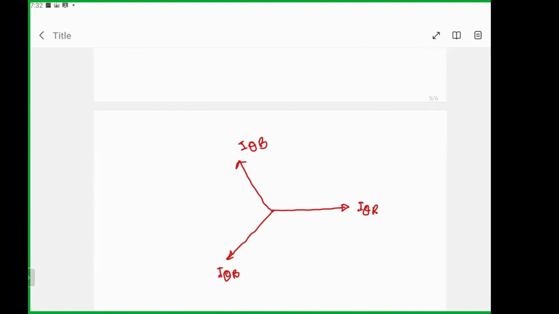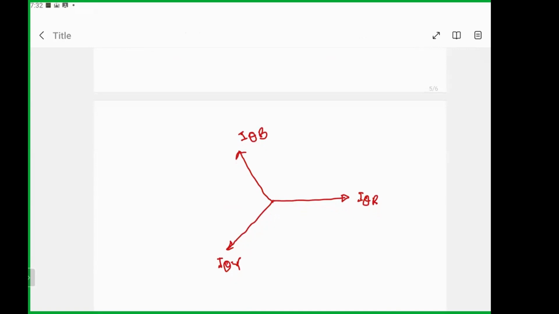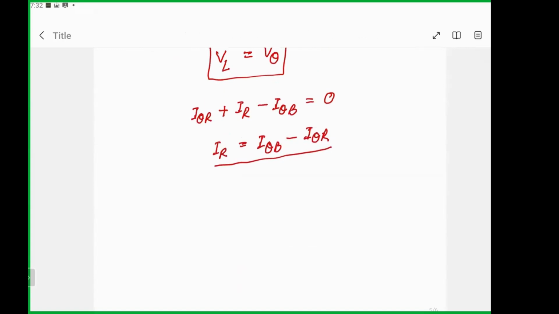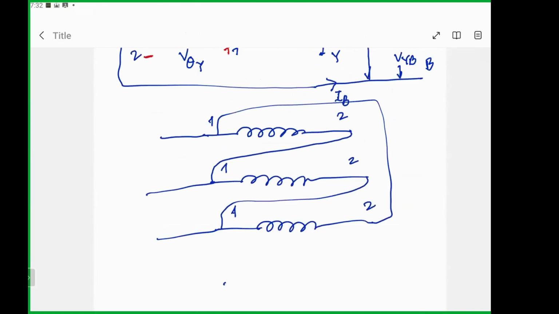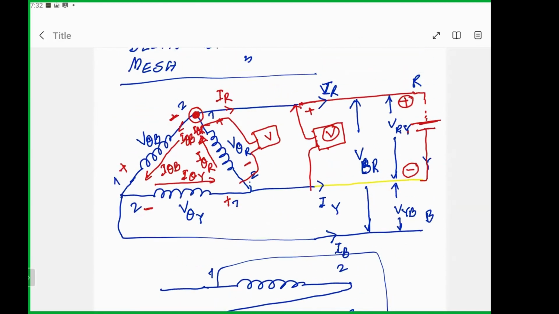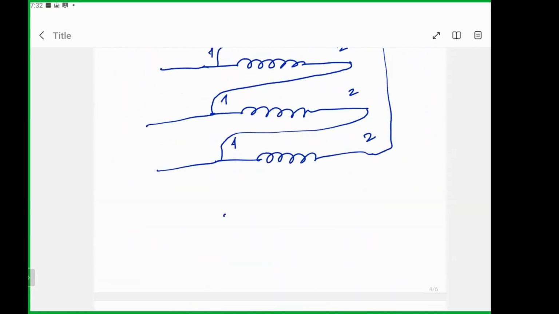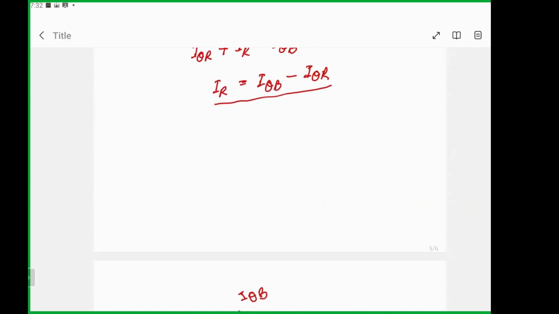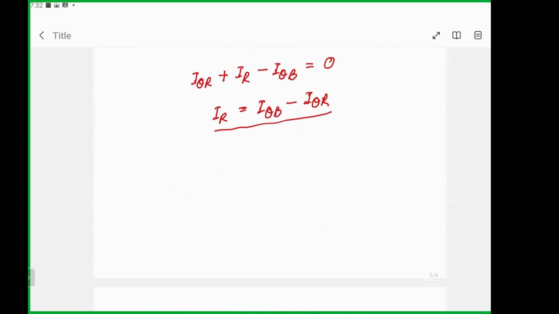So this will be B and this will be Y. It's a positive sequence, R, Y, B, or A, B, C. Now what we have to find is IR, which is I theta B minus I theta R.